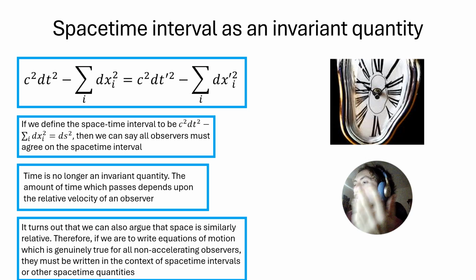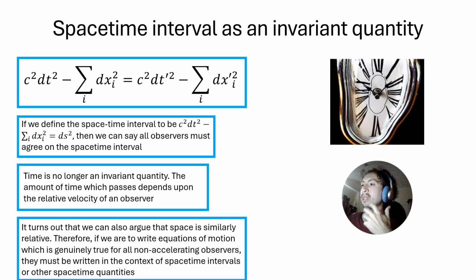But since time intervals are not invariant, nor are space intervals, but the space-time interval is invariant and is agreed by observers of differing velocity, what that tells us is if we're going to write equations of motion in physics, they should really relate to either the space-time interval or some other similar kind of constants constructed in space-time.